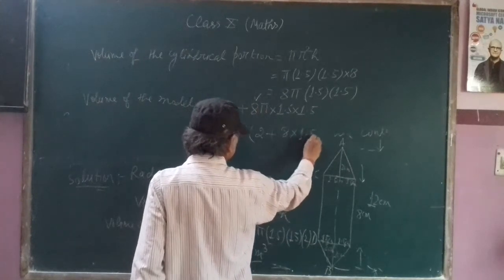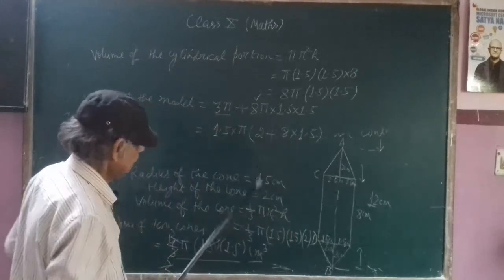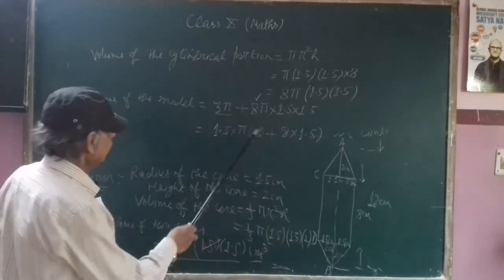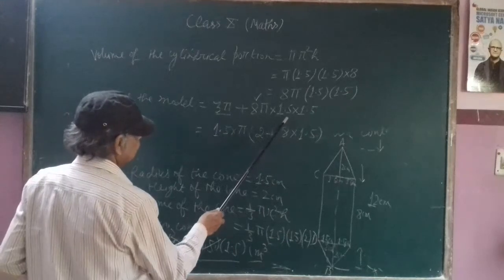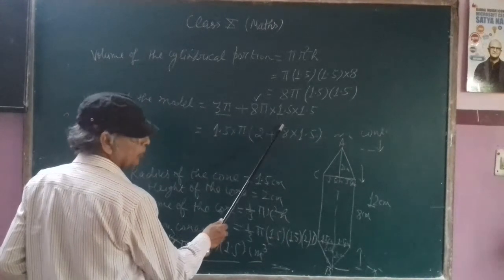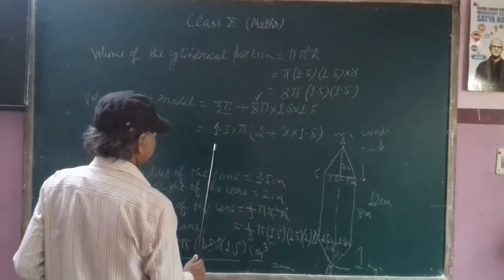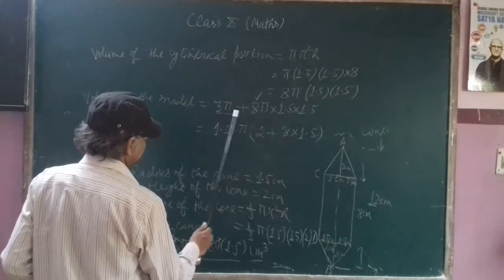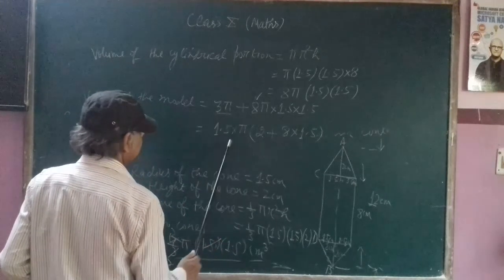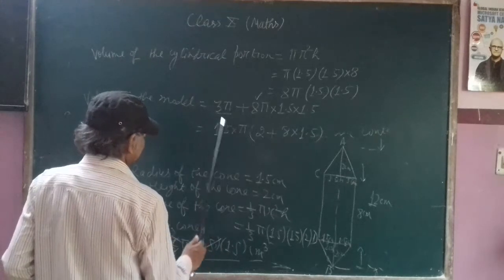I think it is clear to you. I am explaining it further. You take out 1.5; you know 3 comes in the table of 1.5. Pi is common in both. If you divide 3 pi by 1.5 pi, you will get 2.